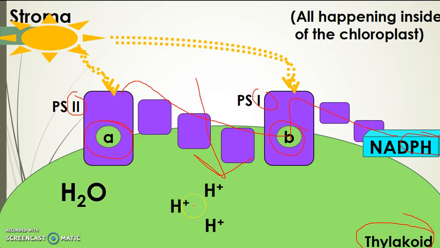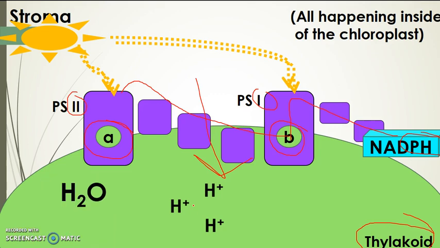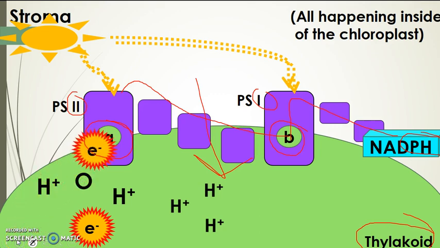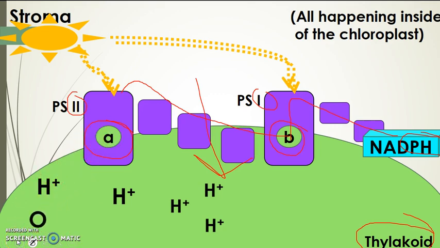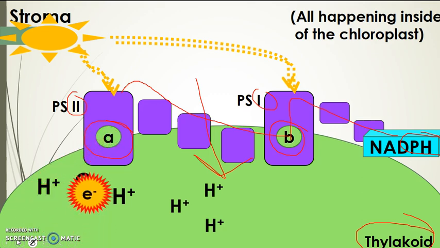That's going to be from the splitting of water. This process is called photolysis. So you can see right here how the water molecule splits. So now these electrons will replace the ones that were just donated into the electron transport chain. And then the oxygen will actually pair up with another oxygen, forming O2, which makes it a non-polar molecule, so it can actually diffuse out through that lipid bilayer of the thylakoid membrane.